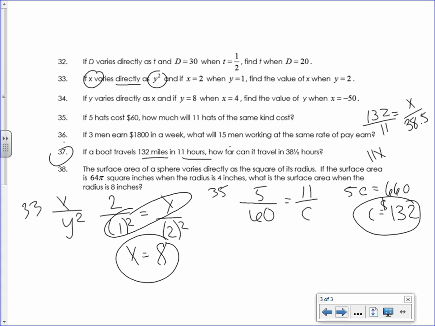Cross multiply, you get 11x is equal to 132 times 38.5. That's 5,082. Divide by 11. You get 462. So I can go 462 miles in 38 and a half hours.